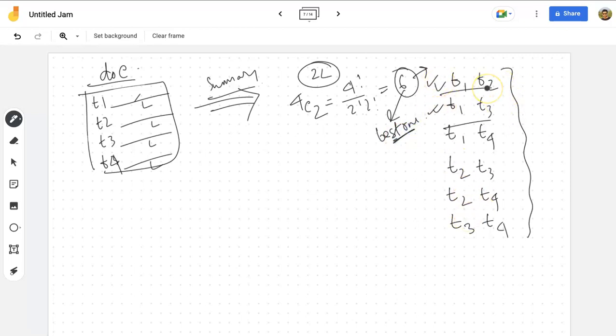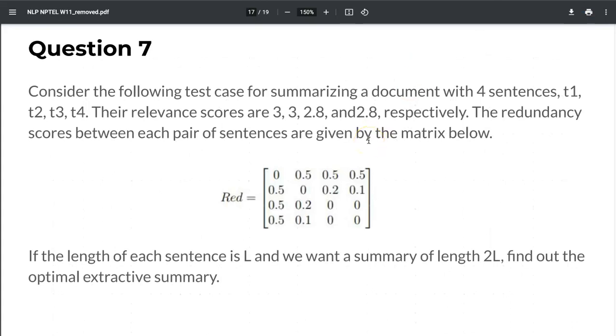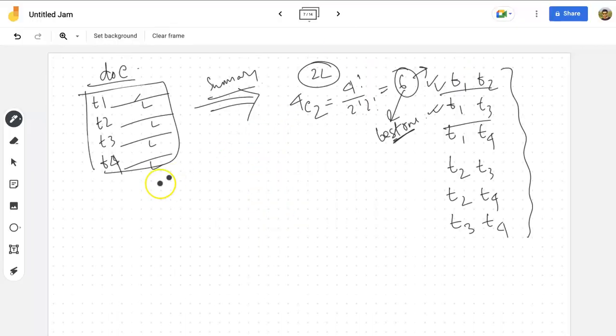That's why, if you remember, there is the LexRank algorithm, and from the LexRank algorithm you will get the relevance score for each individual sentence. So from this LexRank, you get the individual informativeness for each of these sentences, T1, T2, T3, T4.